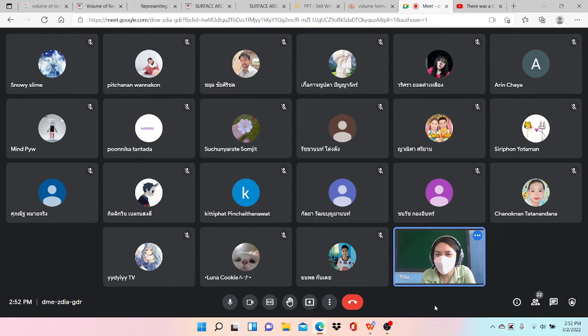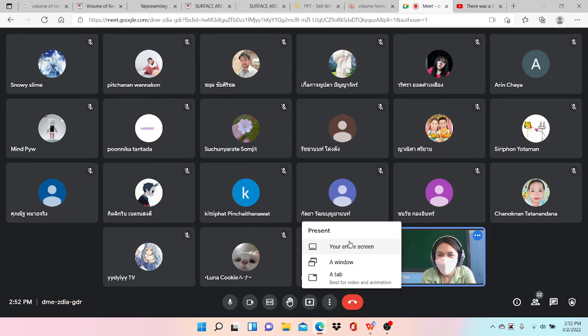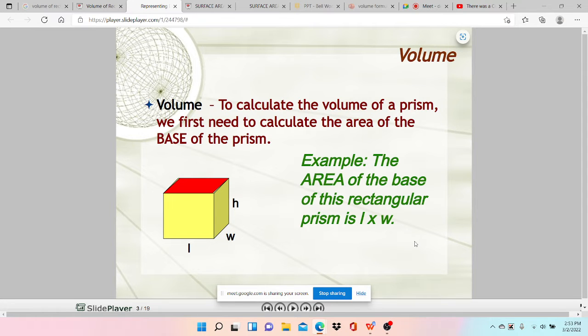What is the formula? Come on, first. What is that? It's okay. How about cartoon? What is the formula of getting the volume of a rectangular prism? Length times width times height.